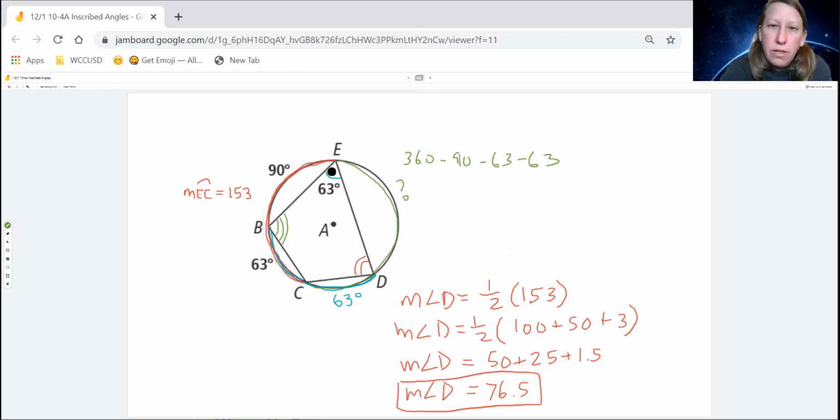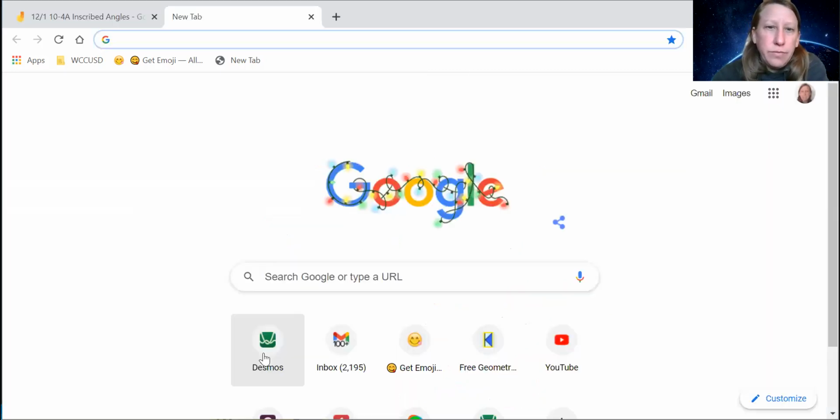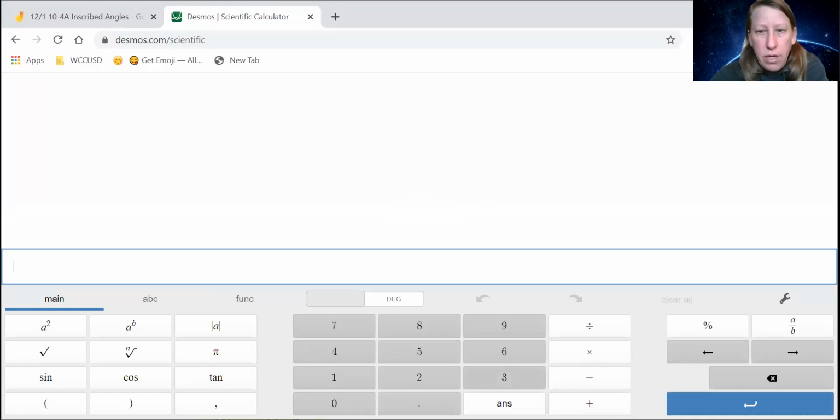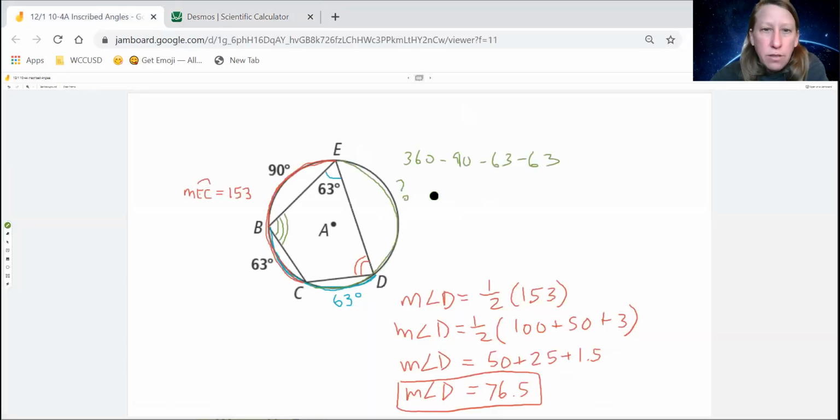All right, I'm going to break down and use the calculator. 360 minus 90 minus 63 minus 63 is 144. Well, that's nice, it's even.